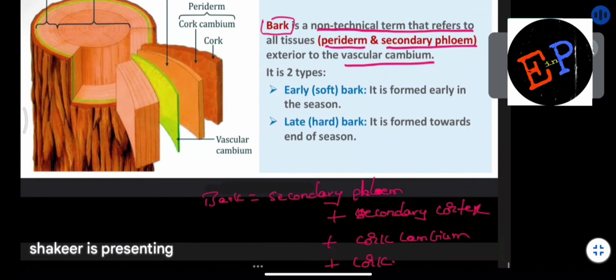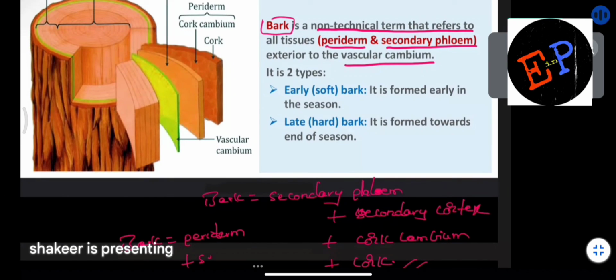So this totally you can call the bark. Bits will be asked like this. Clear? Or you can just say bark is a combination of periderm plus secondary phloem.